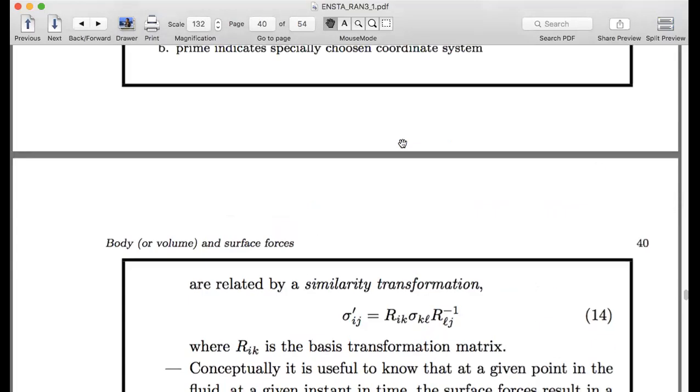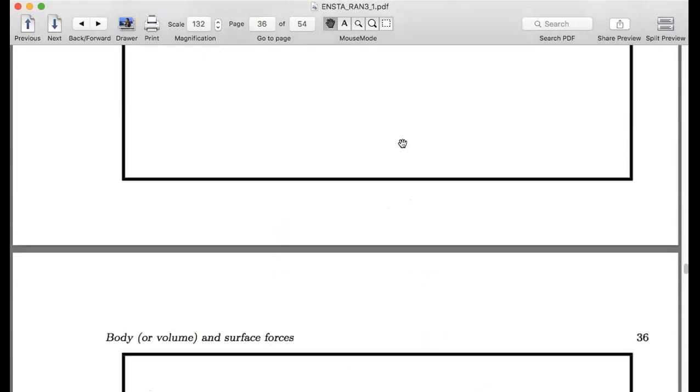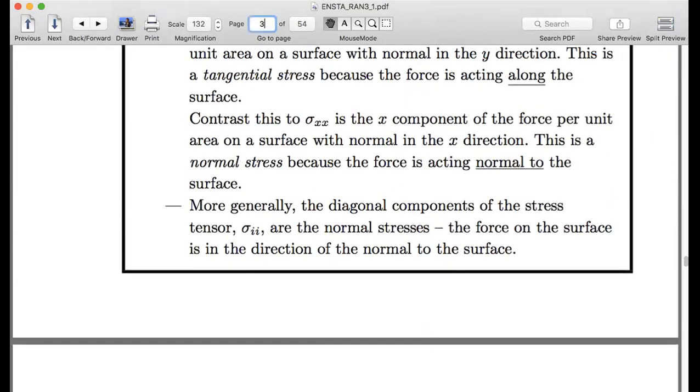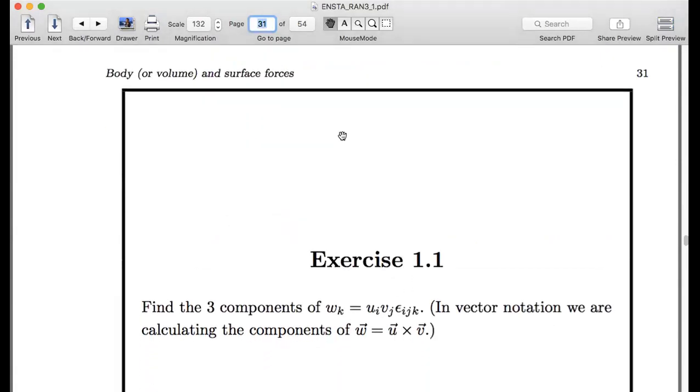So let's start with that exercise on page 31 that, remember I asked you to calculate the terms in the cross product using the tensor notation, and in particular that alternating tensor, which might sound a little bit intimidating at first if you're not used to working with tensors.